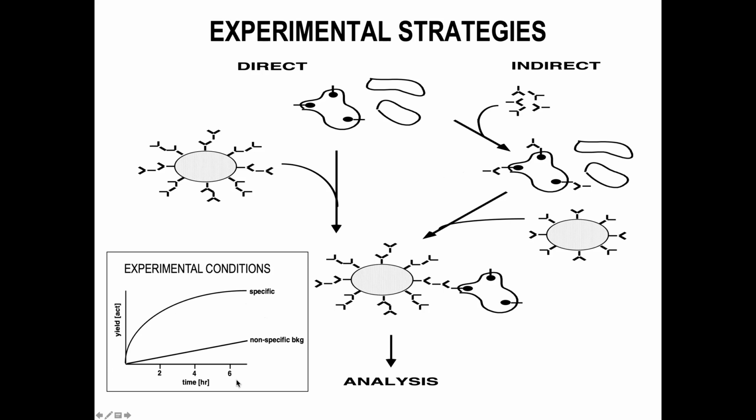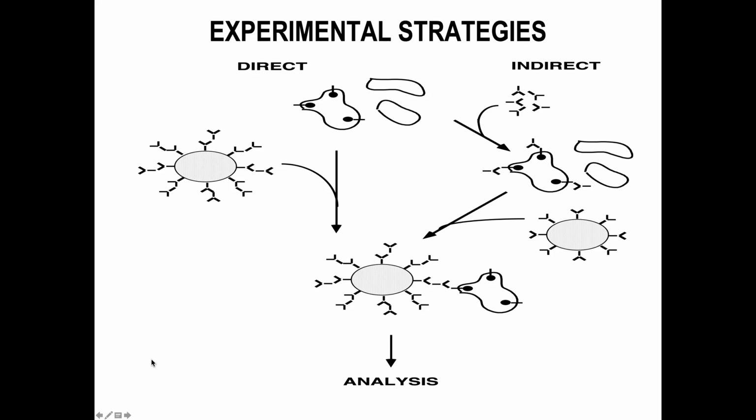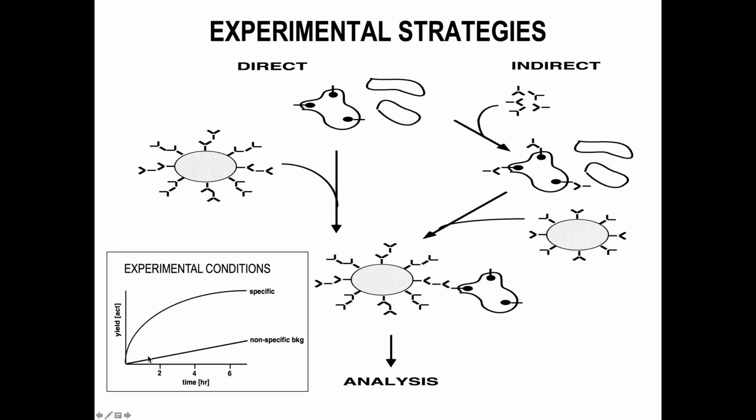The hours are given here at the bottom. And then the specific binding cannot be increased anymore. However, the unspecific binding will increase over time. And at a certain moment, these two curves will cross and you will only increase the unspecific binding.